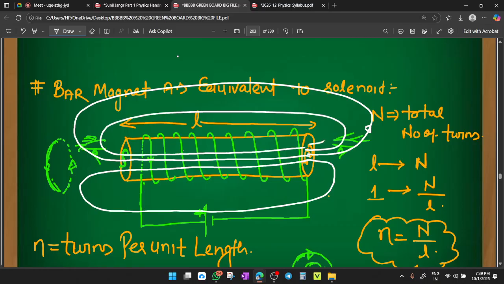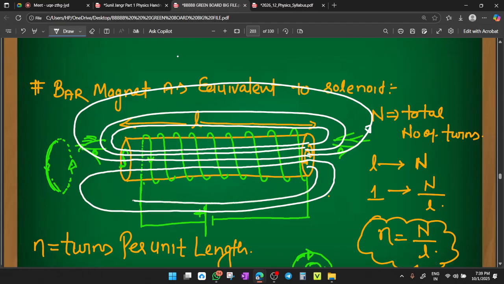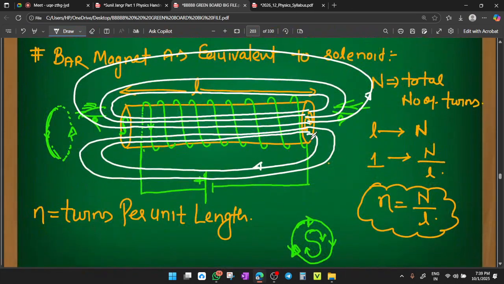As the definition of magnetic field says, magnetic lines of forces are continuous closed loops traveling from north to south outside the magnet, and inside the magnet it is south to north. Okay. Yes, so in this way magnetic field will be produced in a solenoid, and solenoid is equivalent to a bar magnet.